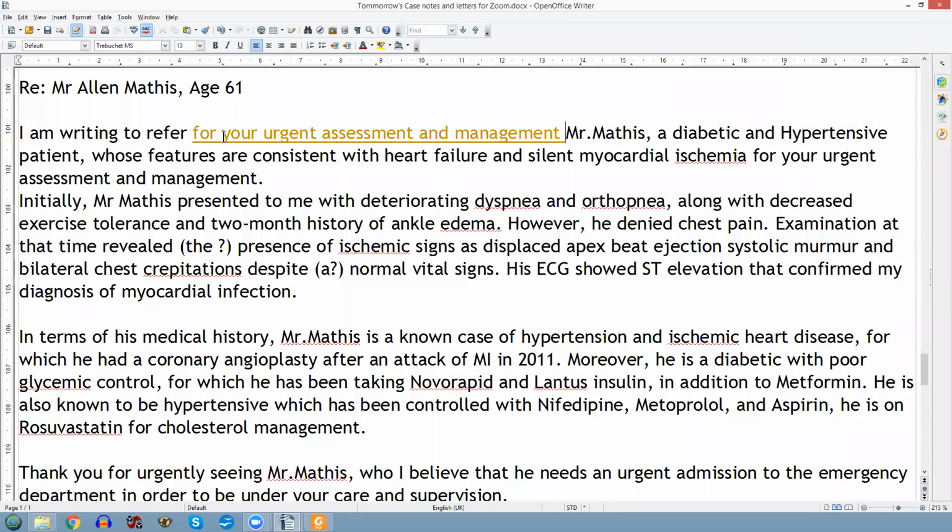Yeah, you know. So I don't really see the need to break it up. I would put it right at the start. "I'm writing to refer for your urgent assessment." Get that in first, and then say, you know, who, why, what.